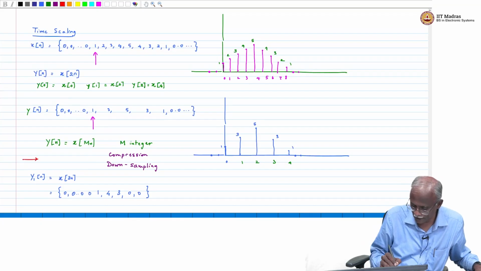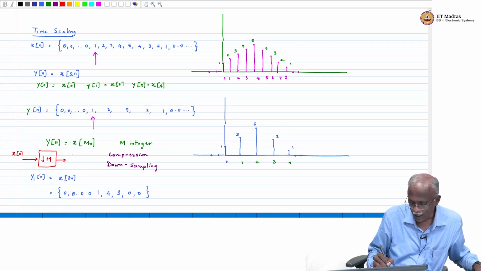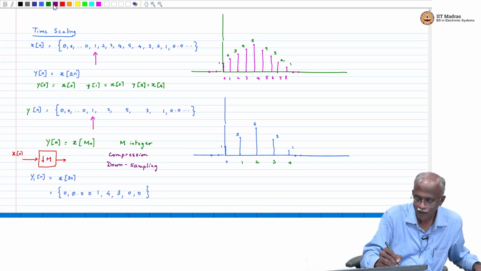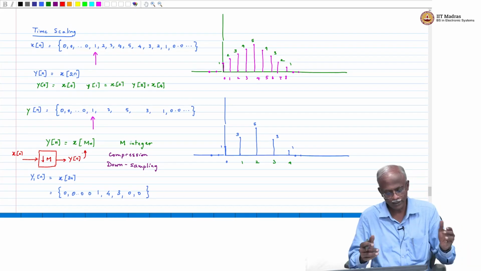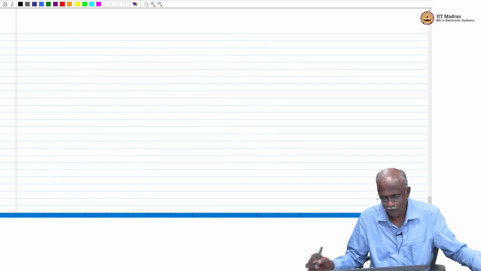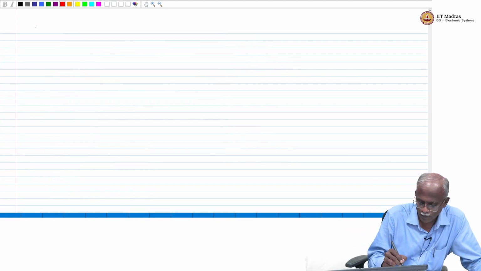We say that you take x of n, pass it through a downsampler marked by a down arrow and the factor m, and then this output is y of n, which is equal to x of mn. That's the downsampling operation. Now, moving on to the expansion operation or the upsampling.